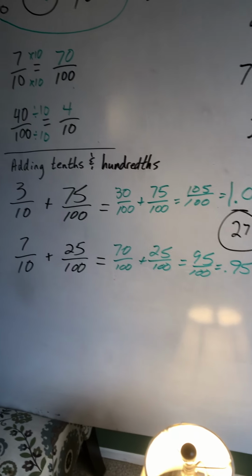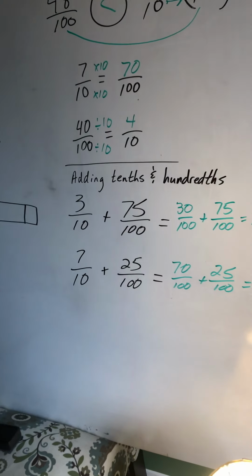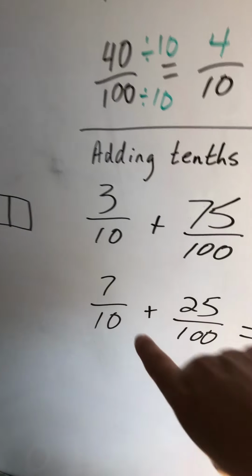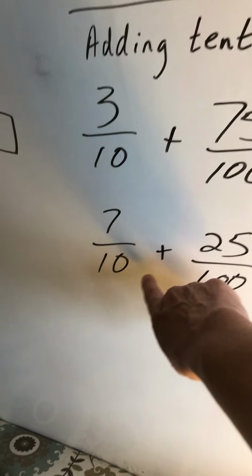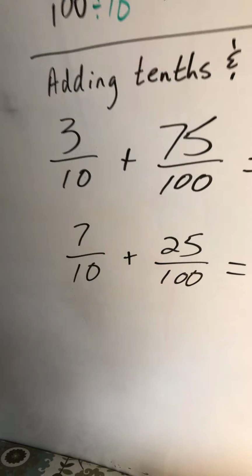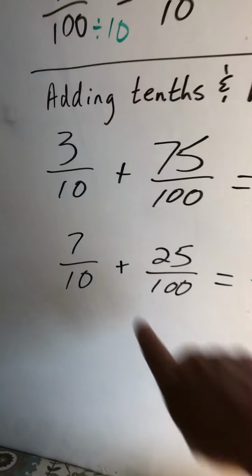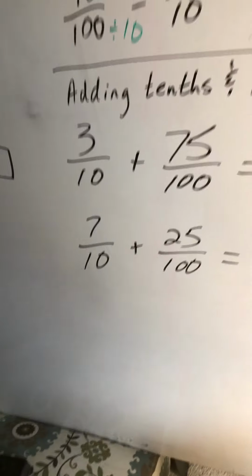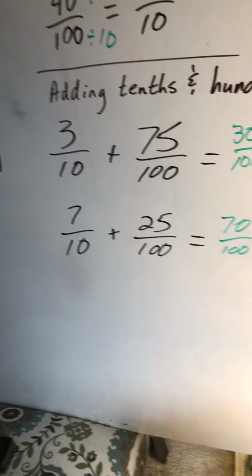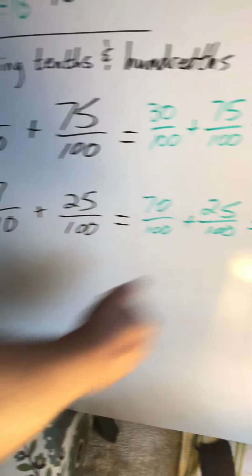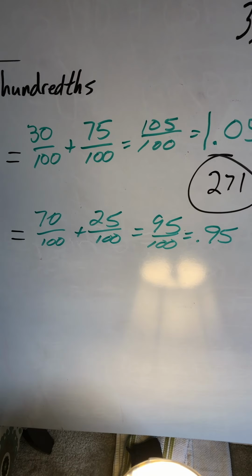Okay? Can I ask you a question, Mr. Bauer? Sure. You're doing fantastic. If they wanted to, since they know 7/10 is 0.7 and 25/100 is 0.25, could they just do 0.7 plus 0.25 and make them decimals, or do you want them to switch them to fractions? I think it's easier for fourth graders to see it over a common denominator.